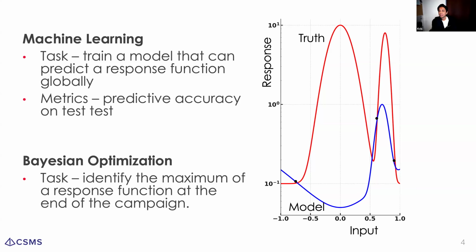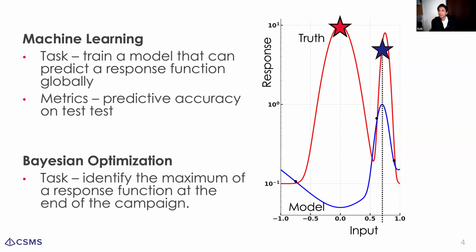Why is that? If you look at where this model says is the best input, and you actually look at what the ground truth is for that input, this value, it's not the optimal response, but it's a pretty good response. So for 3 data points, identifying a decently performing input is a great result.